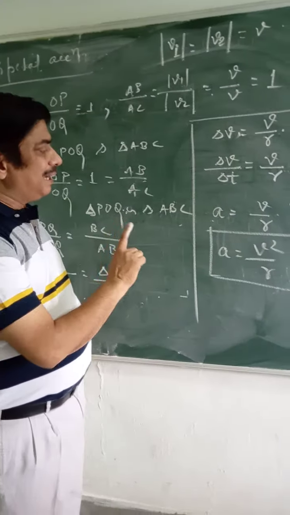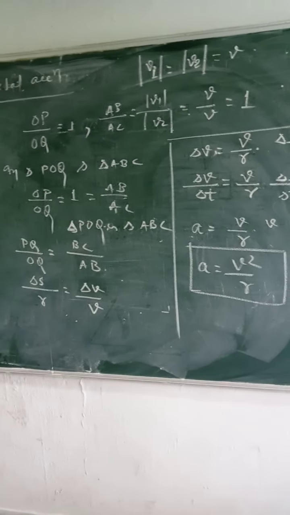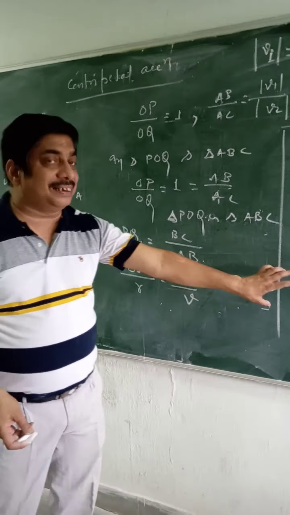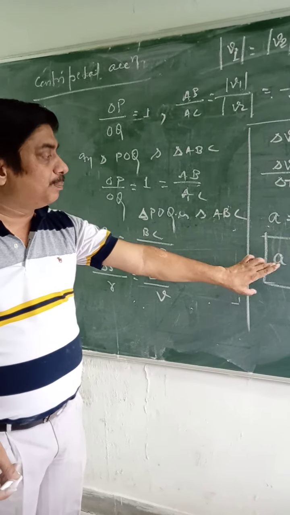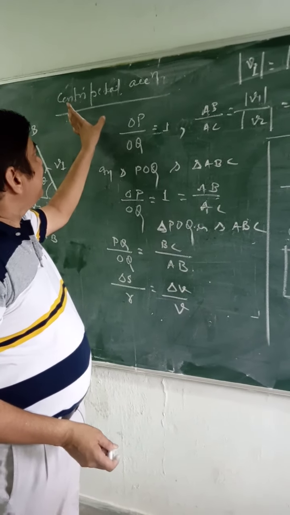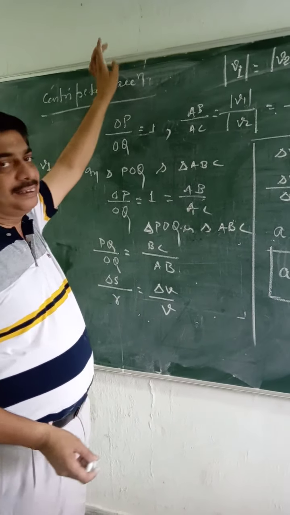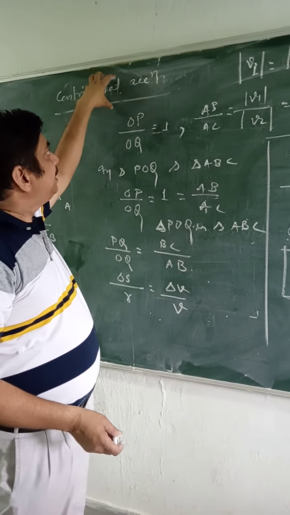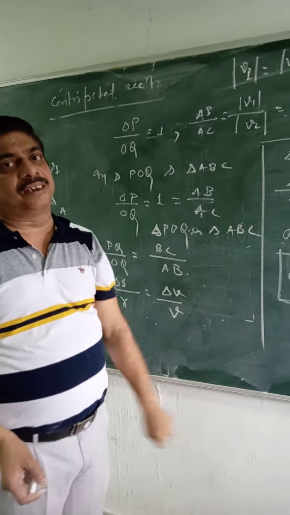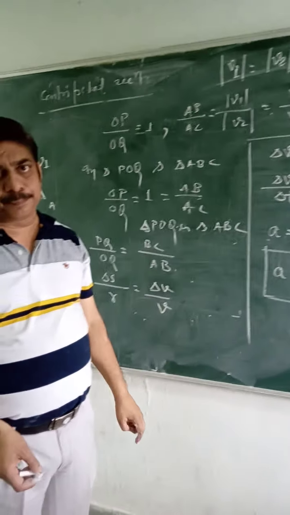This acceleration, with the help of this, the center of the circular motion can be determined, so it is known as the centripetal acceleration.